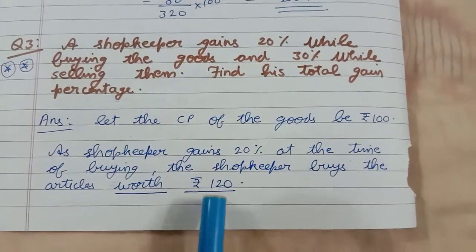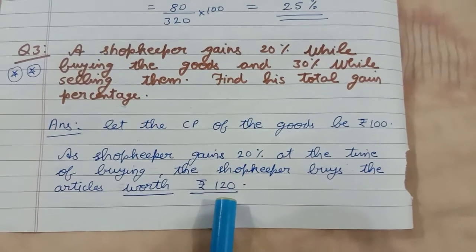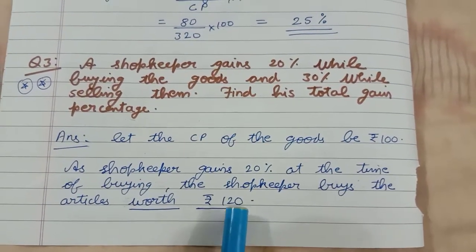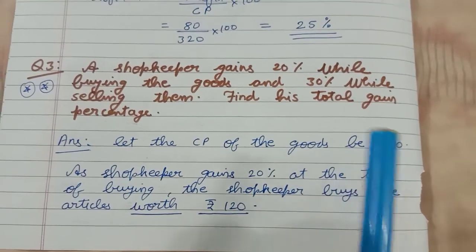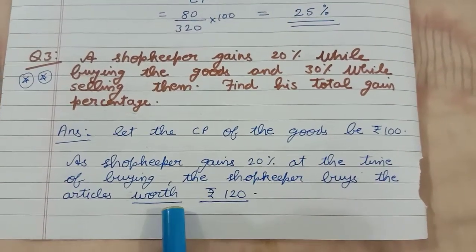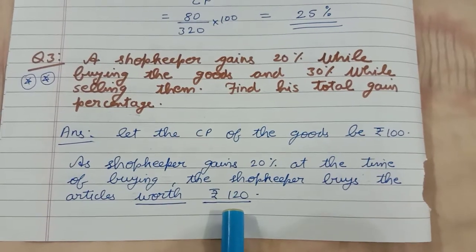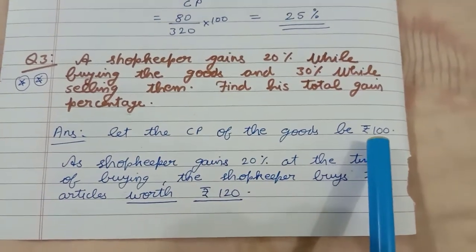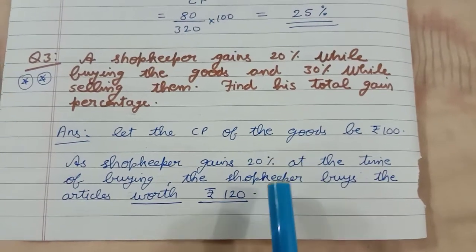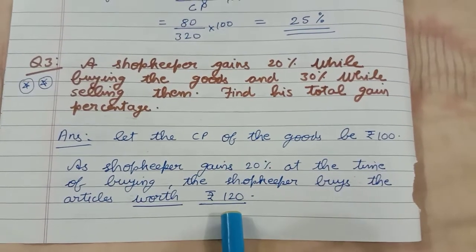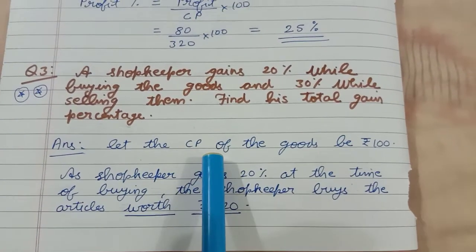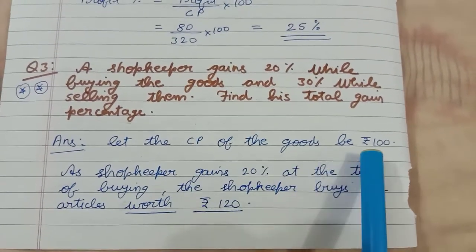See, this 120 rupees is not given. The worth of that article was actually rupees 120, but somehow he bought it for rupees 100. You need not think over how.